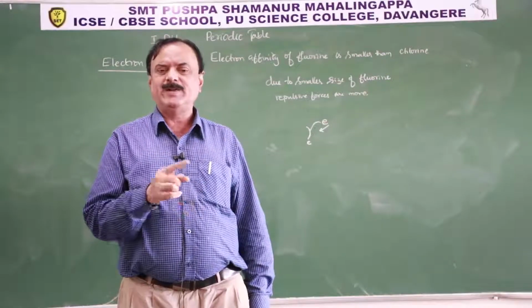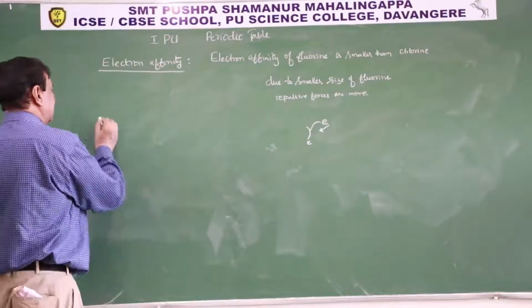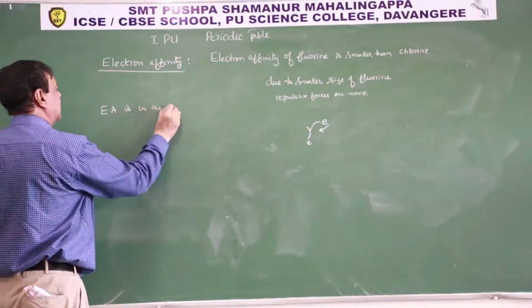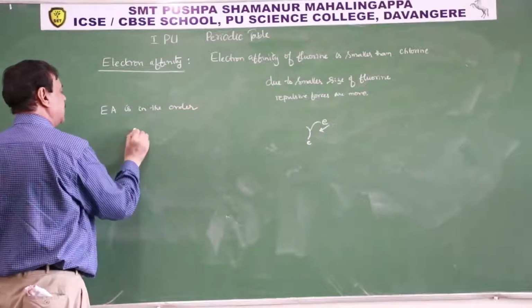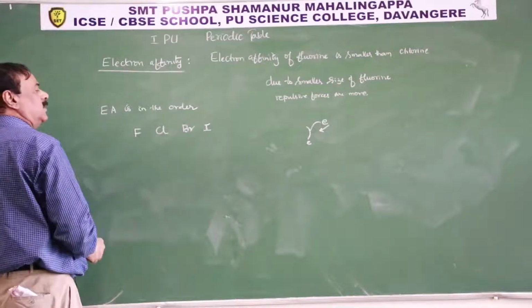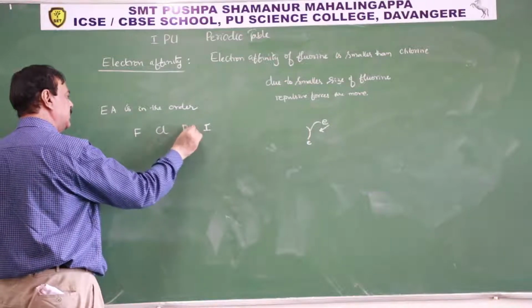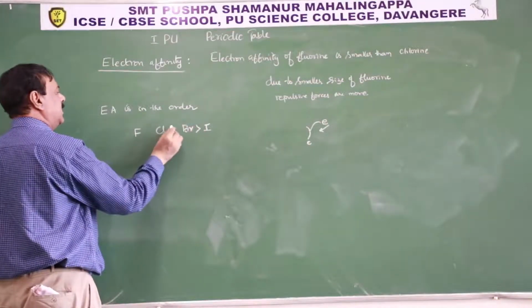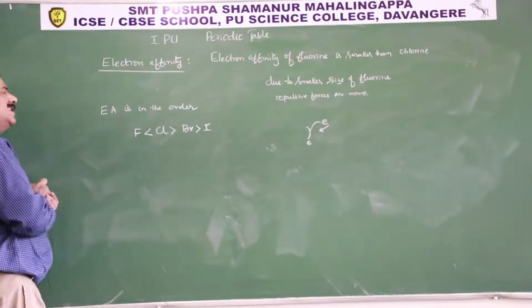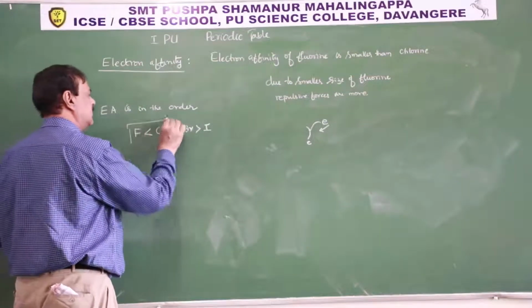The electron affinity of iodine is smaller than that of bromine. Therefore, the electron affinity order for fluorine, chlorine, bromine and iodine is: the electron affinity of bromine is greater than iodine, chlorine is greater than bromine, and chlorine is greater than fluorine.